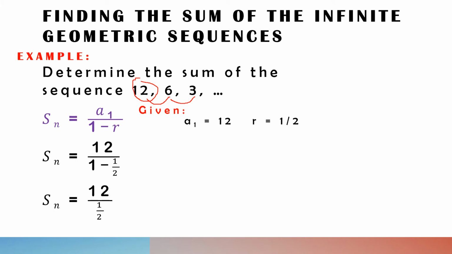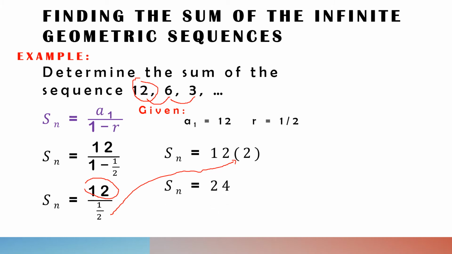By simply getting the reciprocal of 1 half, which is 2 over 1, or simply 2. So 12 times 2 is equal to 24.